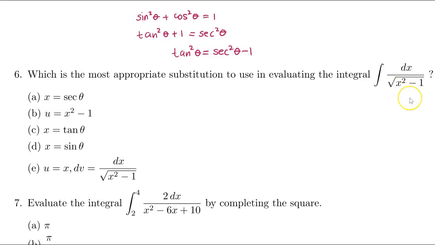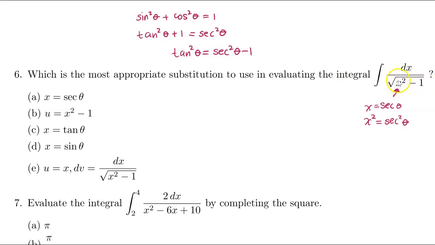Because if I let this x be equal to secant theta, then x squared is just equal to secant squared theta. So I will have secant squared theta minus 1 inside the radical, on the radicand here.